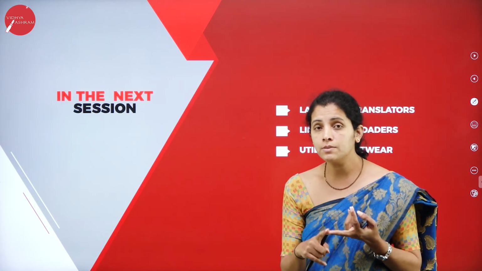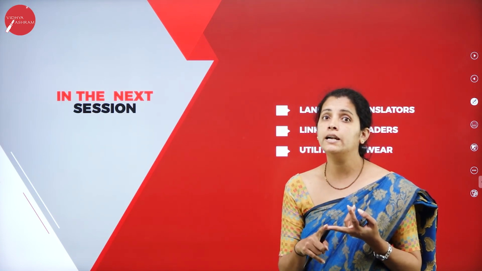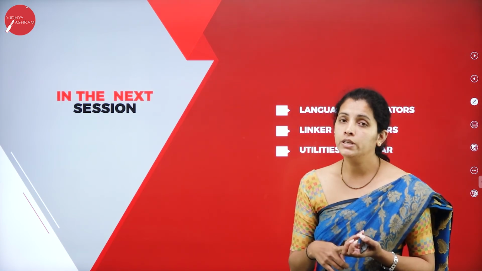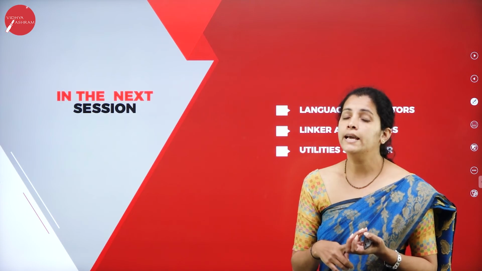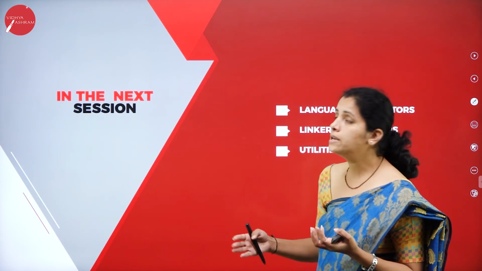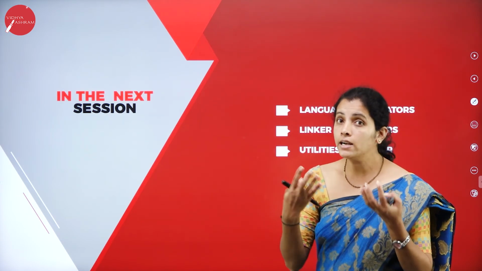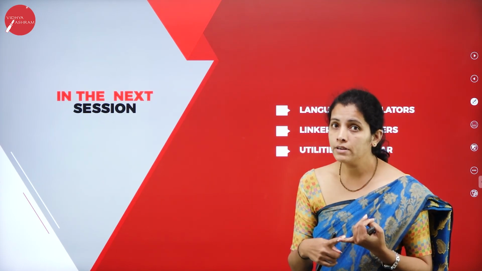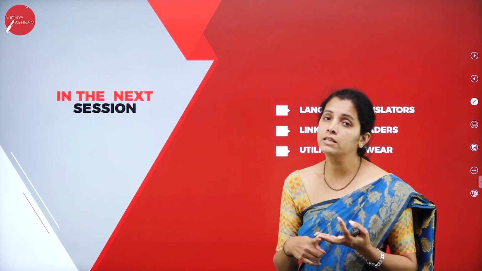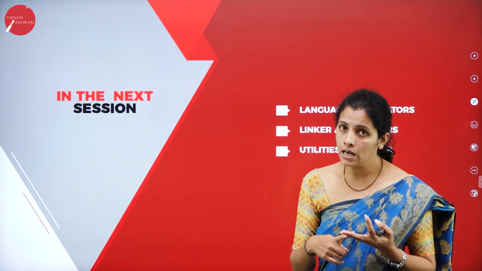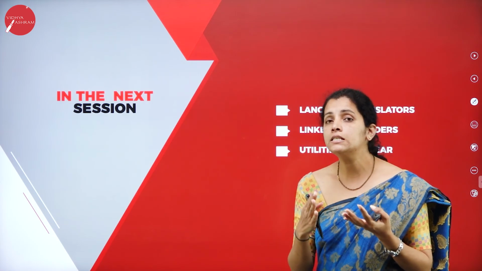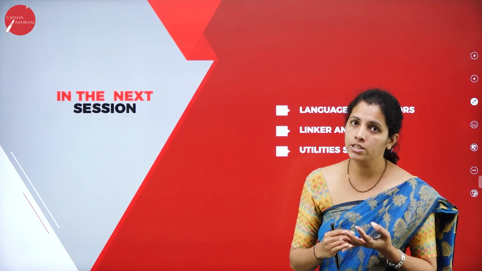Under system software, we discussed operating system, translator and utility software. Then we discussed programming languages: machine level language, assembly level language and high level language. These are the topics we discussed in today's session.